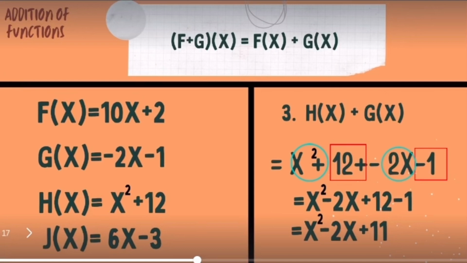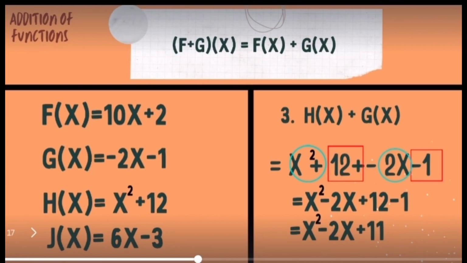So x squared minus 2x plus 12 minus 1. We just have to put x squared once again, and then negative 2x, and then 12 minus 1, or positive 12 minus 1 is equal to positive 11.